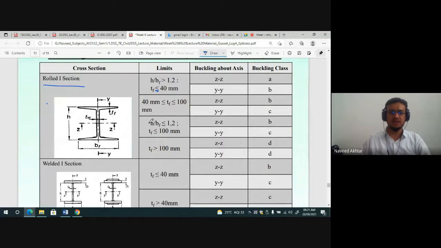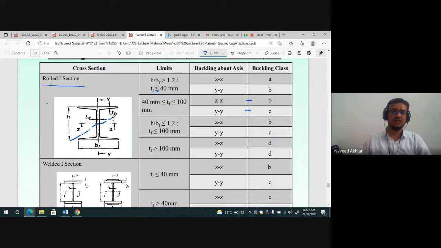If tf is greater than 40 mm and less than or equal to 100 mm, and h by bf value is greater than 1.2, then zz is B class, and the yy axis or the minor axis is C class. I also shared the sign convention. The zz axis is the major axis, the yy axis is the minor axis of the cross section, and the x axis is along the length of the member.